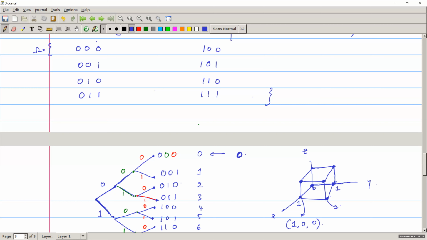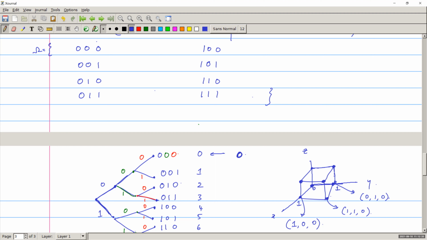This one is 1 1 0. This guy is 0 1 0, and so on. So these are also the vertices of a cube.